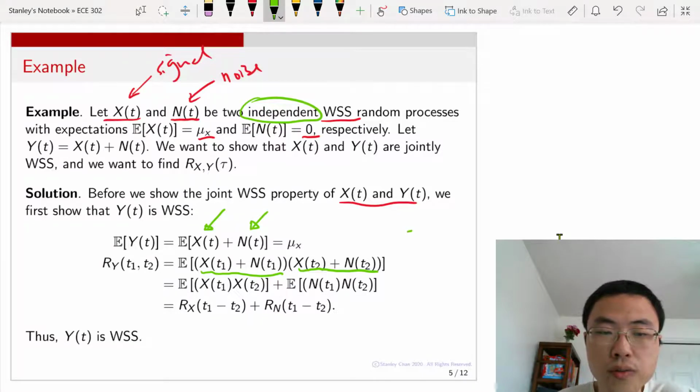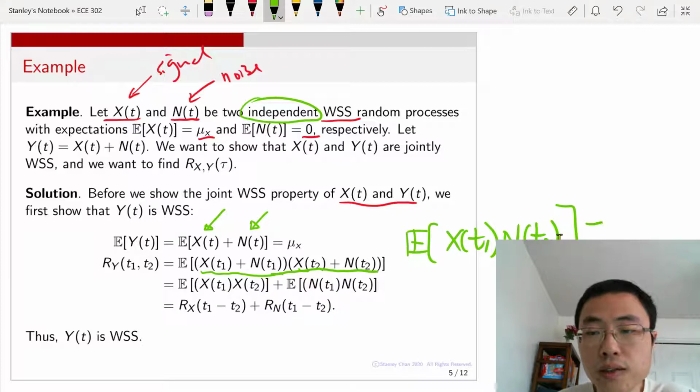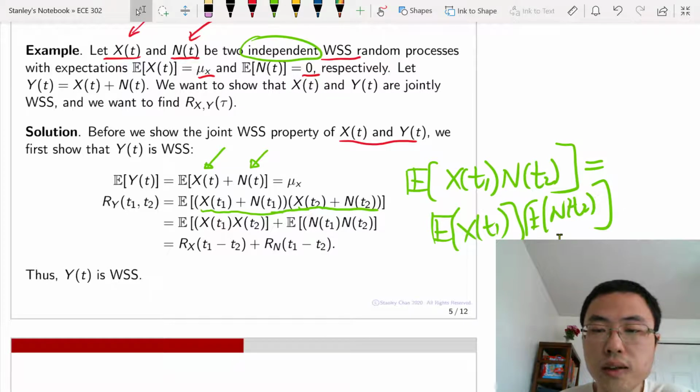If you look at this, the expectation of x at t1 multiplied with n at t2 could be one possible cross term as you expand this quadratic equation. This is just the expectation of x at t1 times the expectation of n at t2, because these two processes are independent.